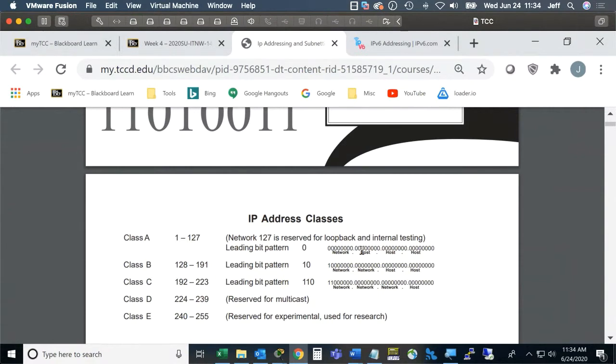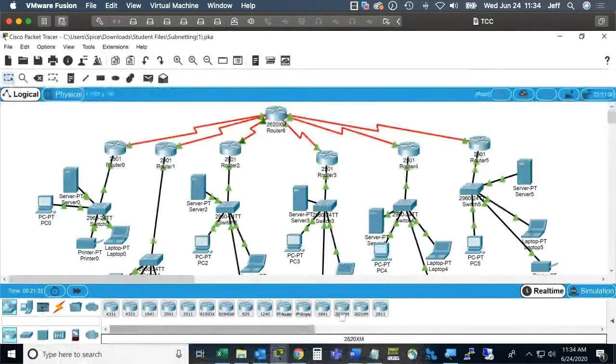And because if you take the network, let's see here. Let's just say we took the 10 dot network, right? It's only one network. These would all be on the same network, but that wouldn't work.